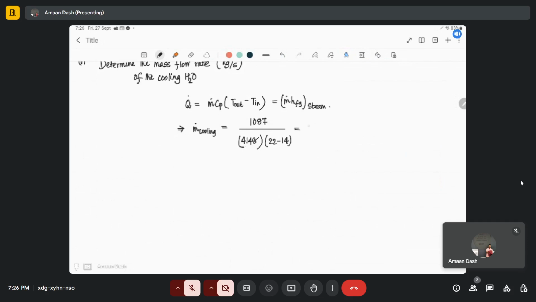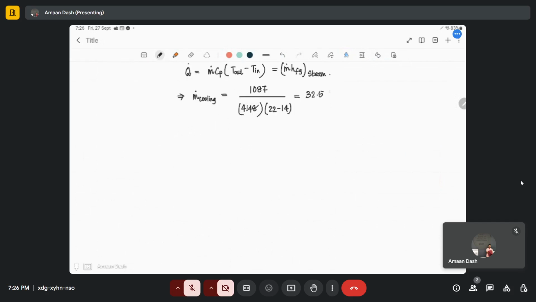So this is equal to 32.5 kg per second. So next question I would have asked you, what is the m dot for the steam?